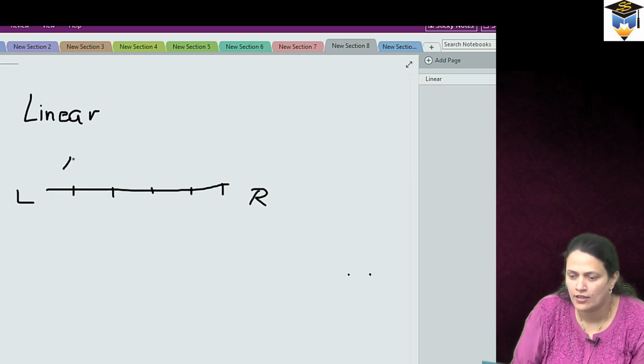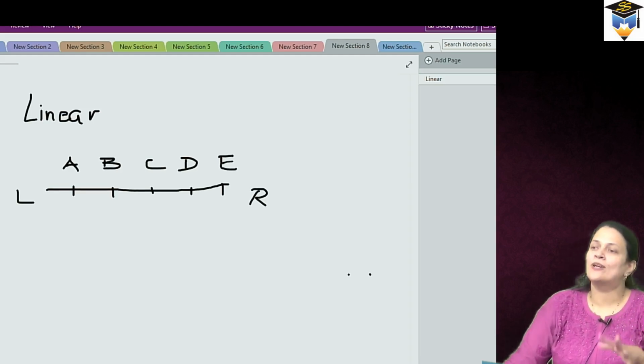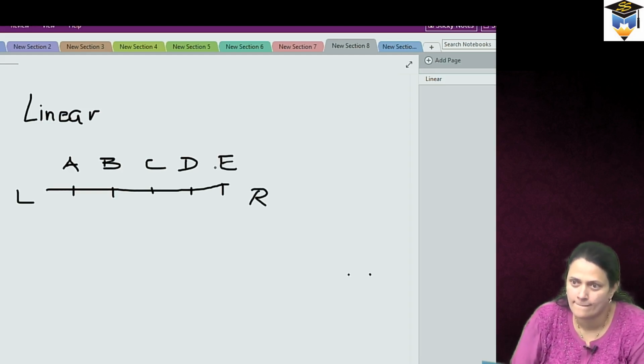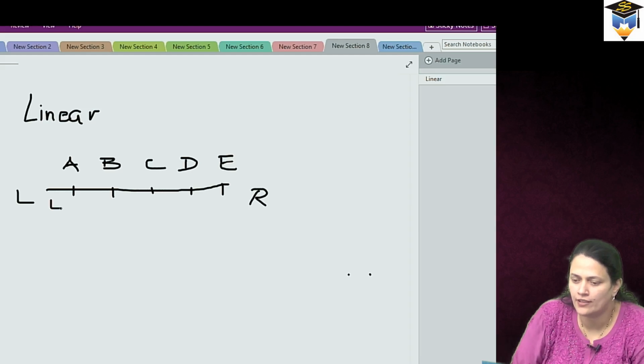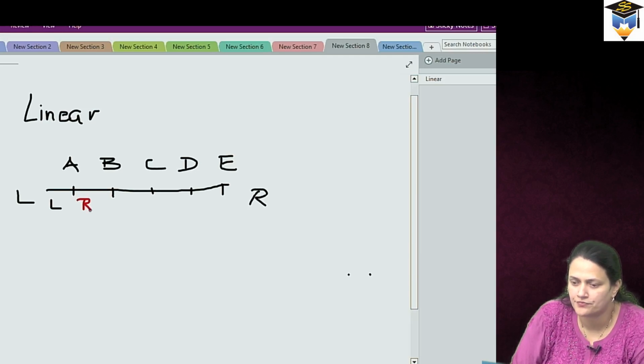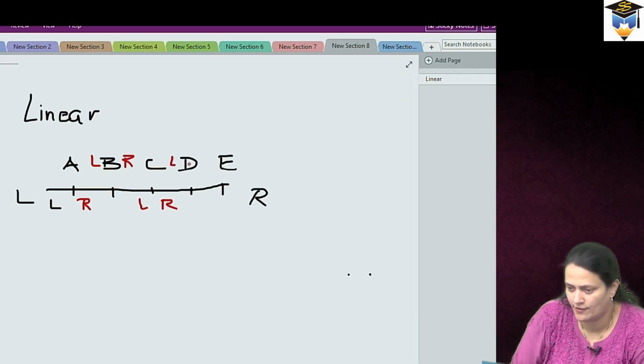So now there are 5 persons that are sitting in a linear arrangement: A, B, C, D and E. So now can you tell me which is the left hand side of A? This is the left hand side of A. This is the right hand side. This is the left hand side of B, this is the right hand side. Left hand side of C, right hand side. Left, right, and again this is left, this is right.